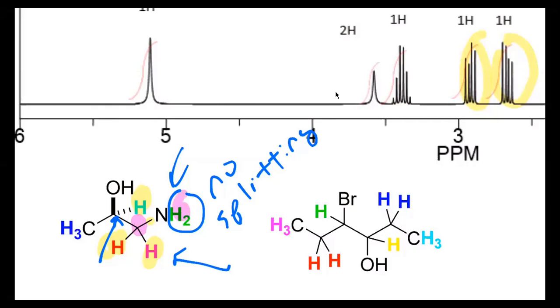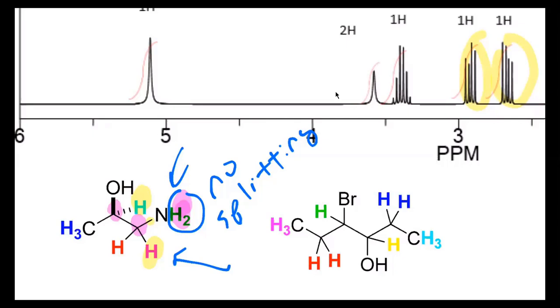You can't count those as neighbors. So what are my neighboring atoms? It's the nitrogen, is that right? And then it's this carbon here. These are my neighboring atoms here, and the nitrogen right here.